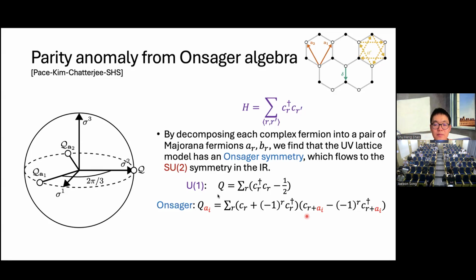Just to make sure I understand: your statement is that in the continuum limit, this forms an SU2 algebra, whereas when you're on a finite lattice, it's something more complicated. It's an Onsager algebra, yes.